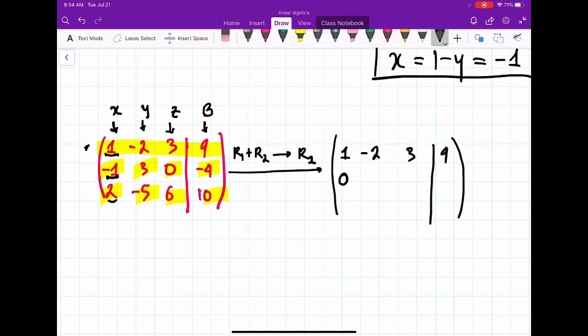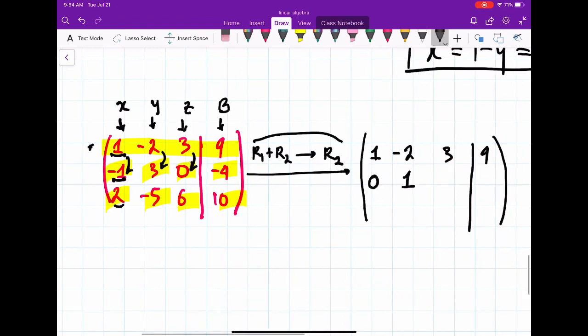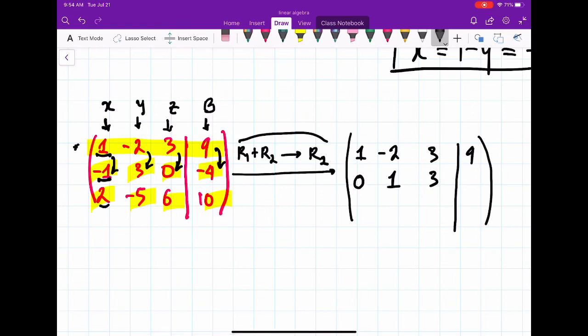When I do this operation, I have to do it for all entries in each row. So 1 with -1 is 0, -2 with 3 is 1, 3 with 0 is 3, 9 with -4 is 5.